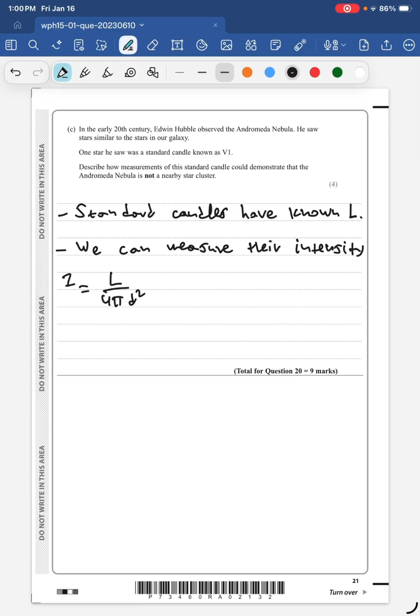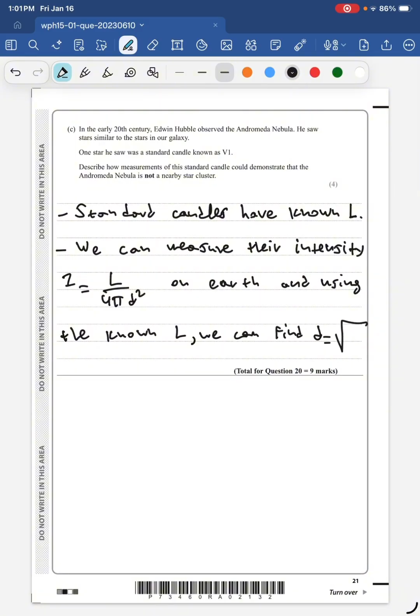So we can measure their intensity I on Earth. And using the known L, we can find D, which is simply equal to the square root of L over 4 pi I, right?